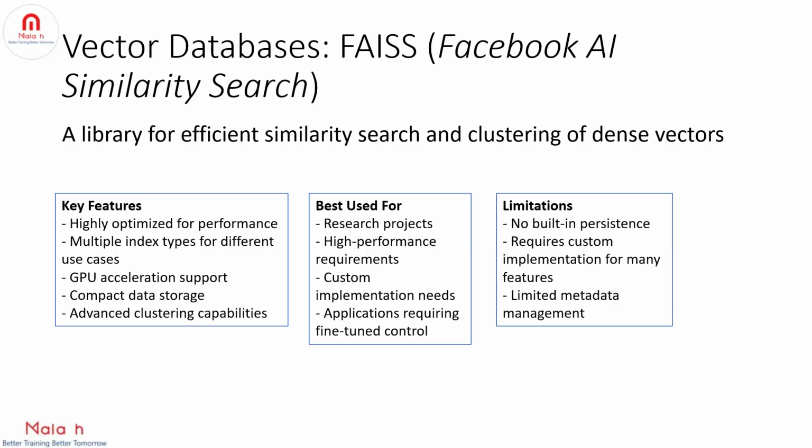And this is best used for research projects and high performance requirements and custom implementation needs, applications requiring fine-tuned control. And what are the limitations? There is no built-in persistence. So it requires custom implementation for many features, and it has got limited metadata management. So that's about Facebook AI Similarity Search, FAISS.